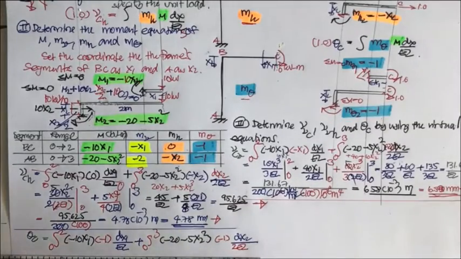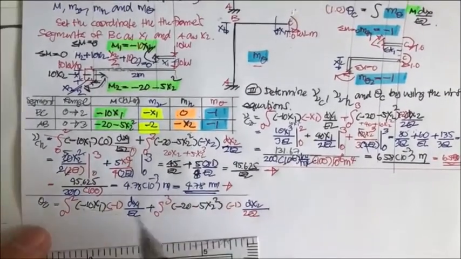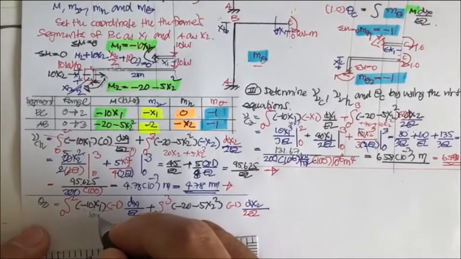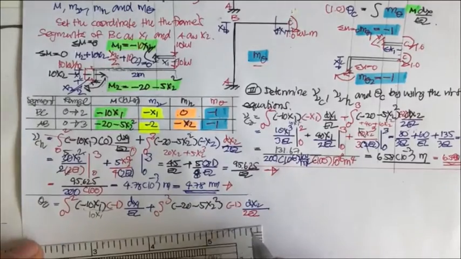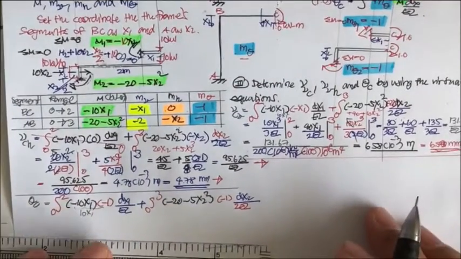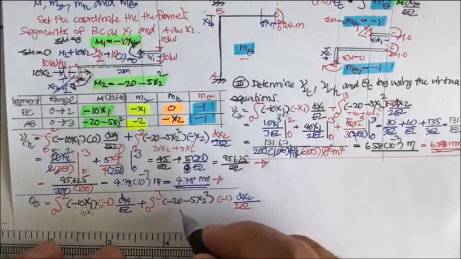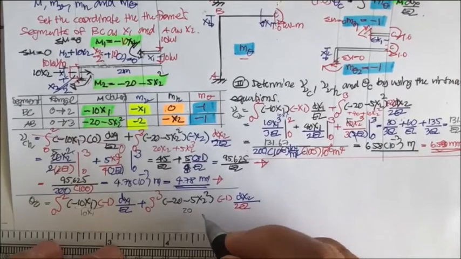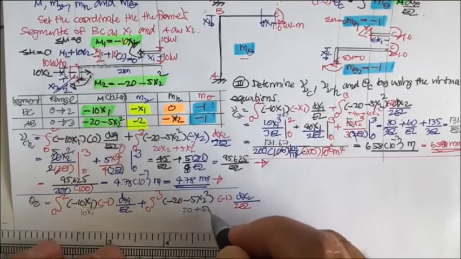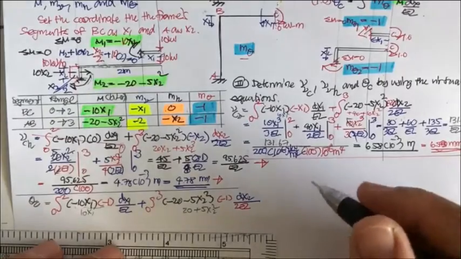Okay, and now this is what? This is going to be 10x1, and you can do integration of that easily. This one is going to be 20 plus 5x2 square.